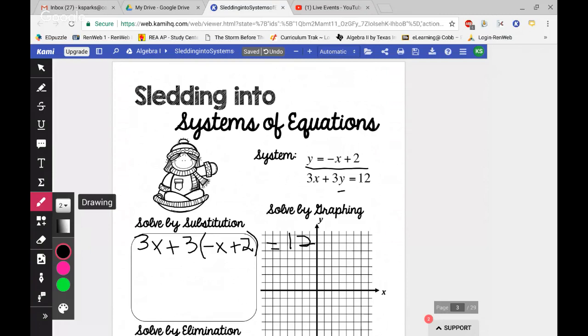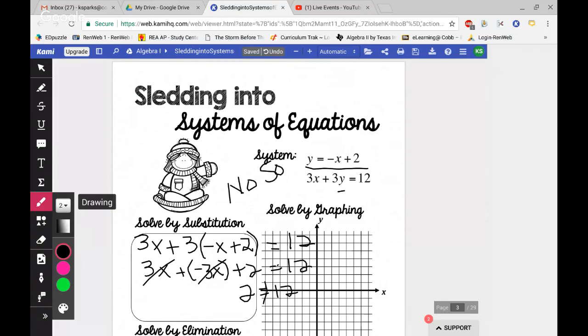So then you'll distribute. So you've got 3x plus a negative 3x plus 2 equals 12. And so that actually cancels out, and then you've got 2 equals 12. Well, that doesn't equal each other, so it's no solution.